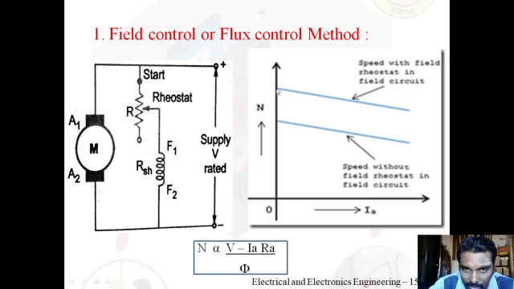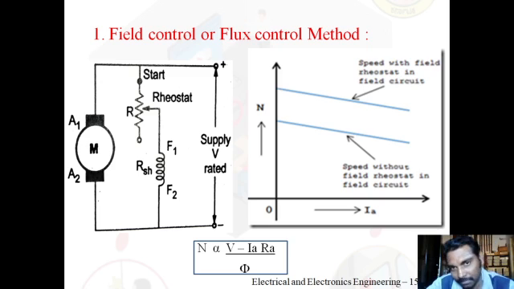Now it is also no load of the motor, but after including the resistance, that is R equal to R1, some value of resistance has been included. Therefore the speed curve has been shifted from this particular point to this particular point. That means, I can consider, above rated speed. This is the rated speed, it has gone above the rated speed.